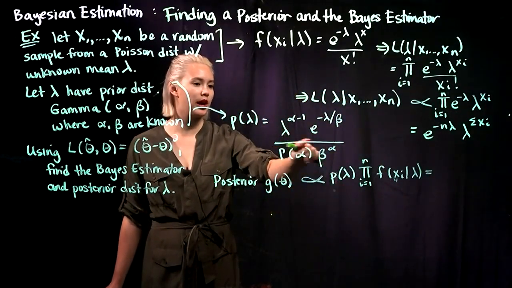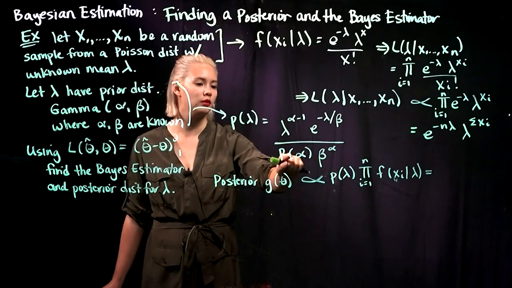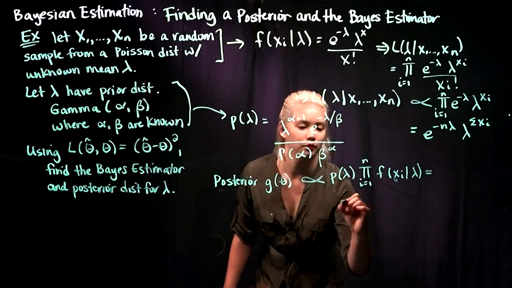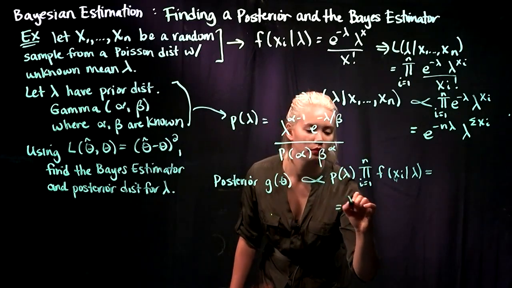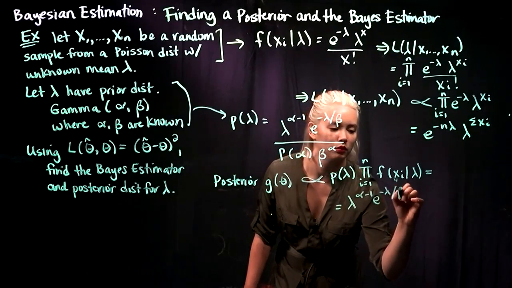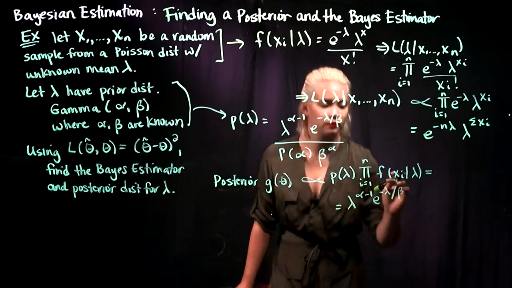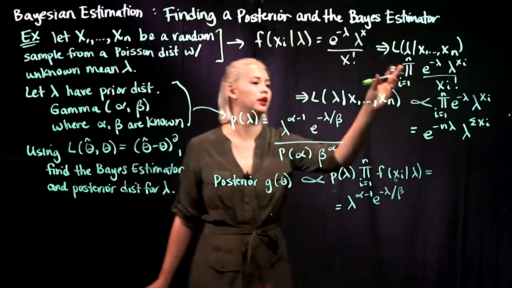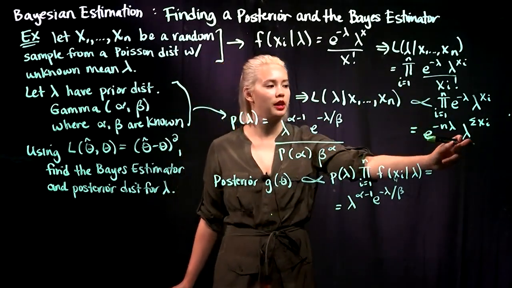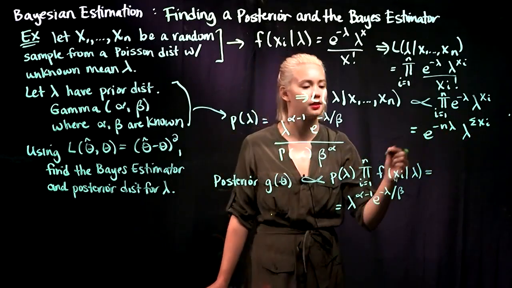For our prior, we have the stuff in the numerator, and we're going to forget about the denominator because that's constants. Then we have our likelihood, which is proportional to e to the negative n lambda times lambda to the sum of the x_i's.